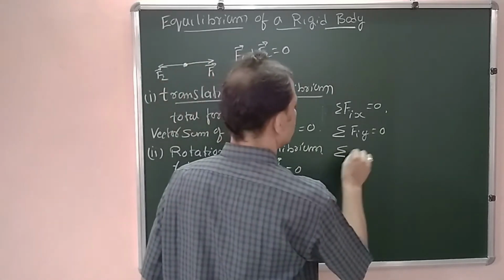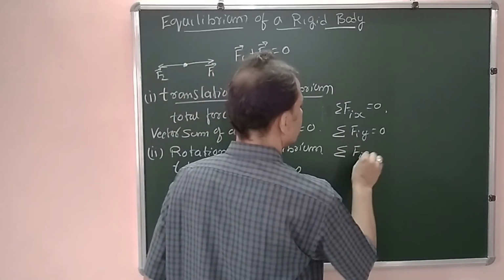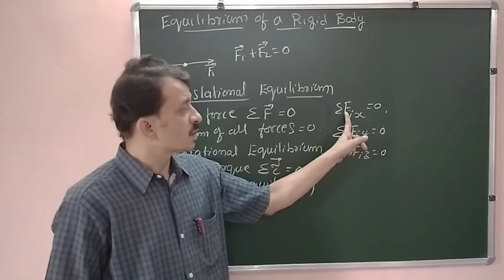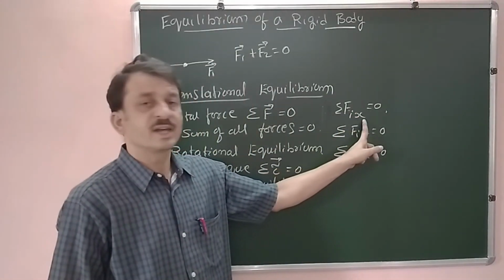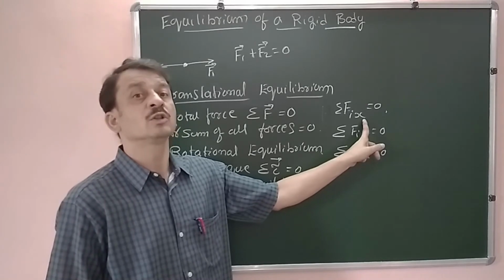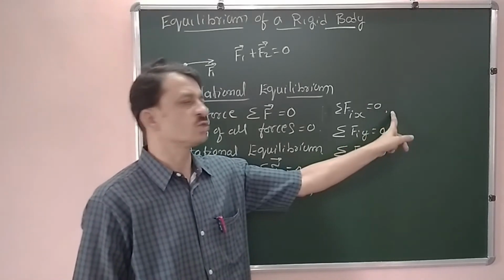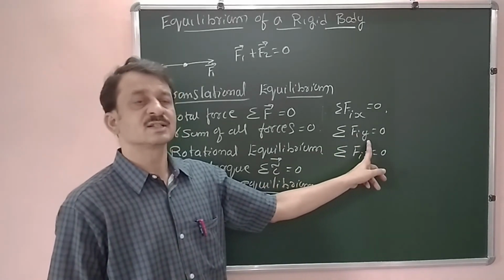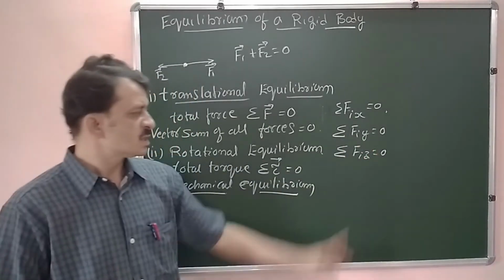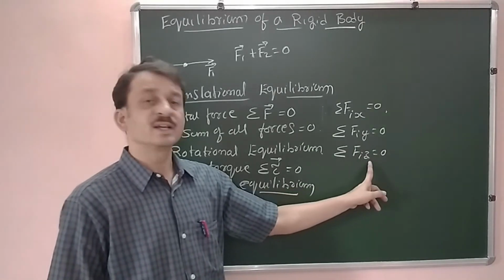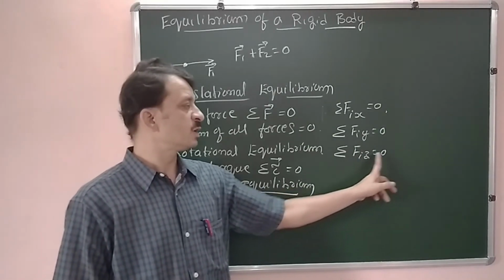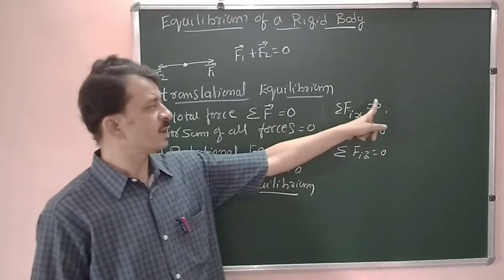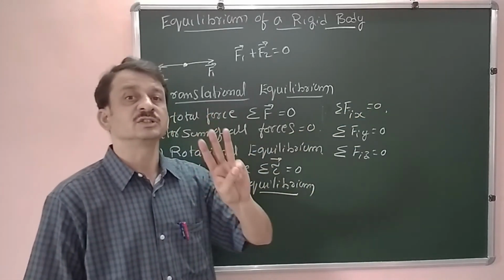For the z component, sigma Fiz is equal to 0. What is the meaning? The sum of all the forces acting along the x-axis should be 0. The sum of all the forces acting along the y-axis on the rigid body is equal to 0. The sum of all the forces acting along the z-axis on a rigid body should be equal to 0. So therefore, for the force we have three conditions.